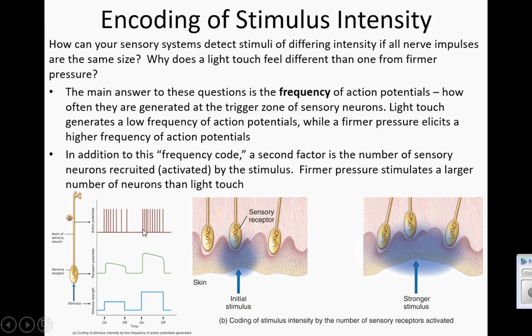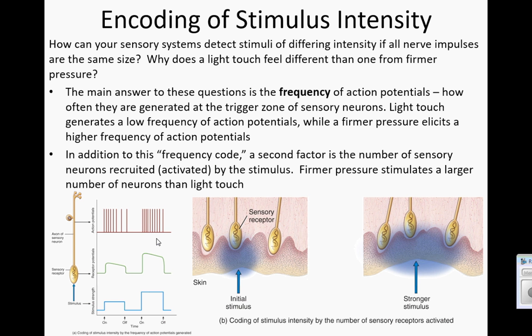But if we have a real strong stimulus, we can create action potentials one right after the other in very quick succession. So, for example, a light touch will generate a lower frequency of action potentials, like we have here on the left side of our figure, versus a much firmer touch or pressure, which will cause a much higher frequency. Okay, that's all the action potential.